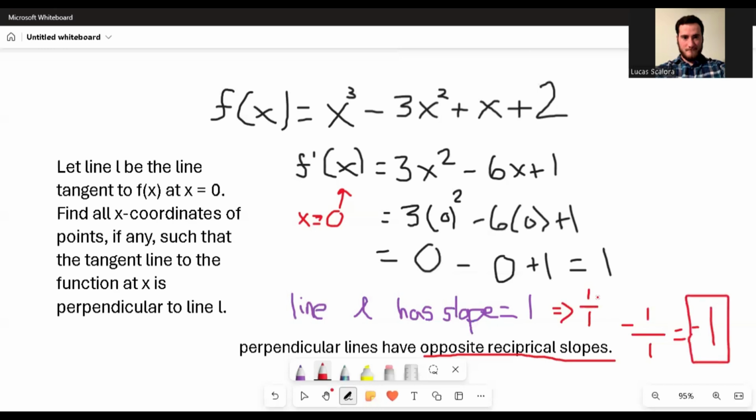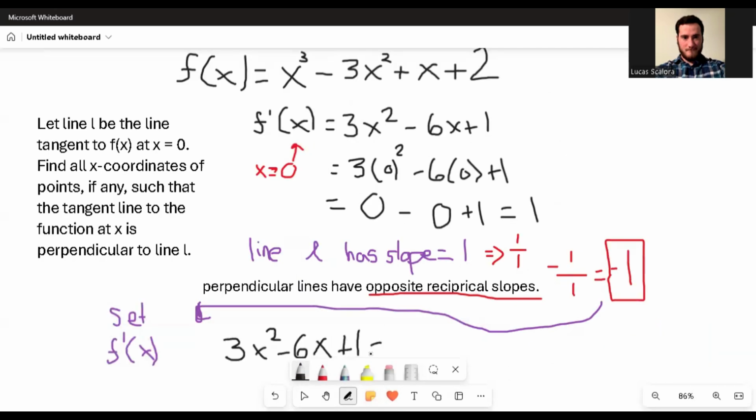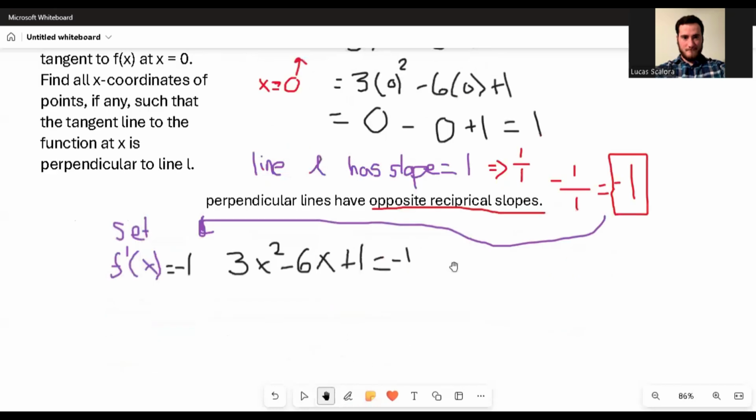Okay, what do we do with the negative 1? Well, we want the slope of the tangent line to be negative 1, so we're effectively setting f prime of x equal to negative 1. And then we're going to solve for x.